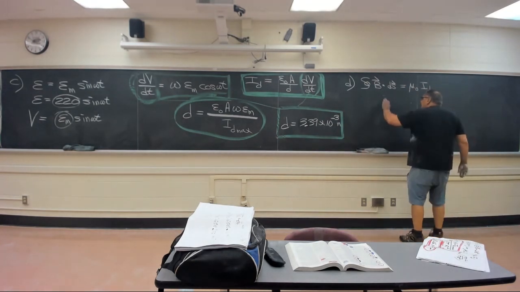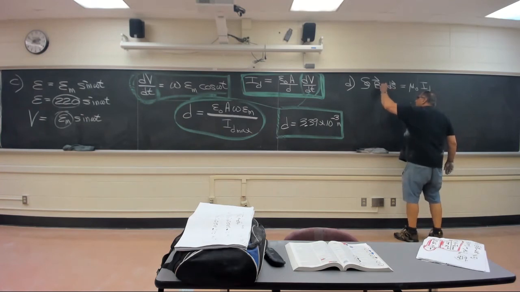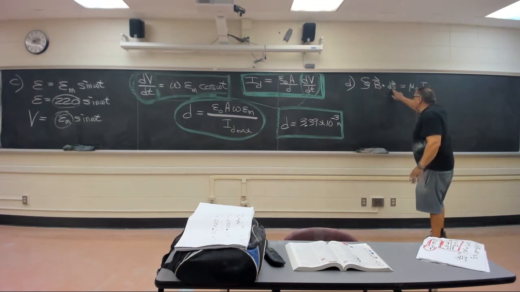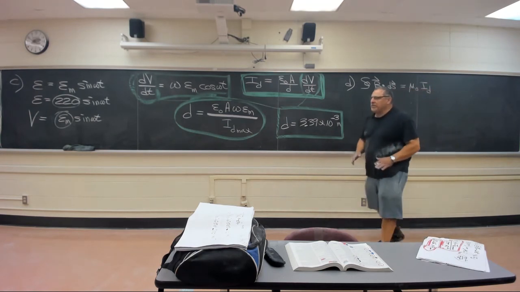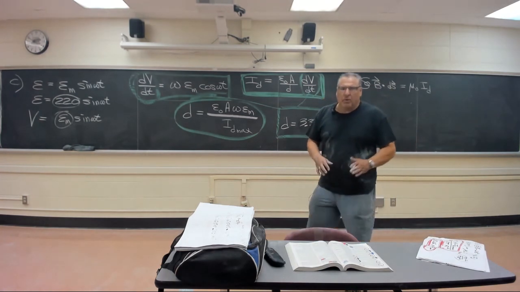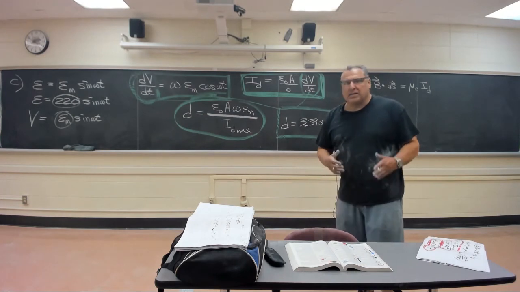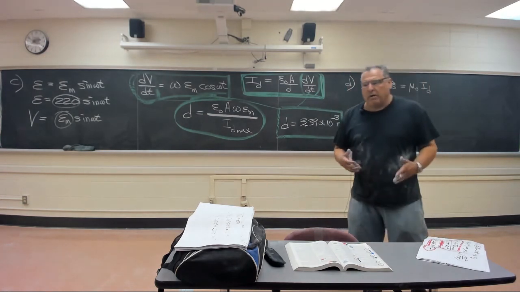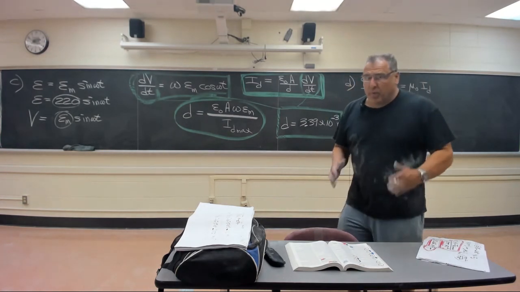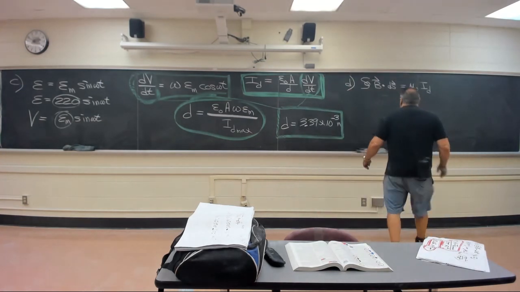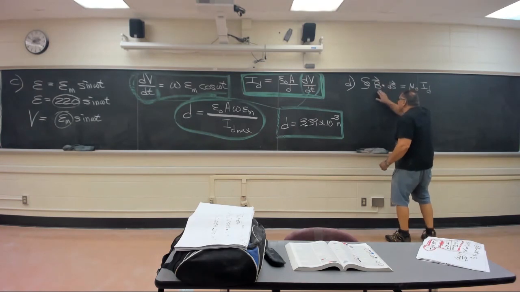We're saying the B field is going to be constant around that circular movement, and the B vector and ds vector are always parallel to one another. So the angle between them is 0 degrees or 0 radians, and the dot product of any two vectors that are 0 radians apart is just the multiplication of the two magnitudes. Make a long story short, if B is a constant, you bring the B out, and you've got this.